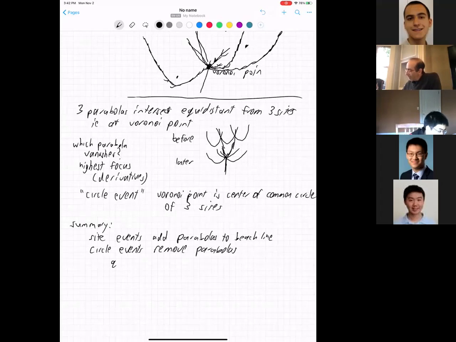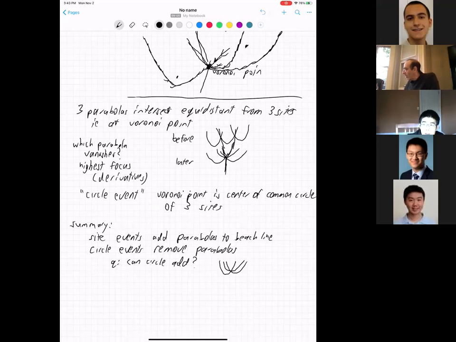Now, let me ask one question about this. Can a circle event add a parabola? I mean, again, maybe I have these three parabolas intersecting, and what's going to happen is that the third parabola was hidden and is now going to peek through and join the beach line.